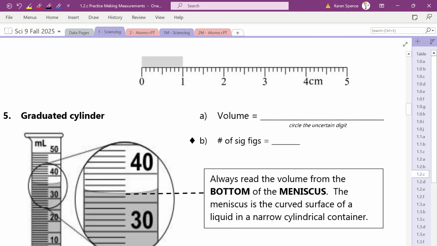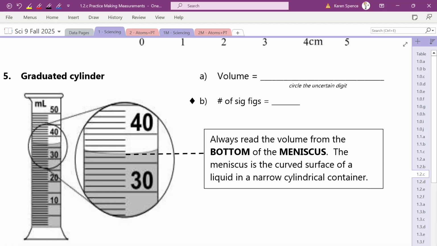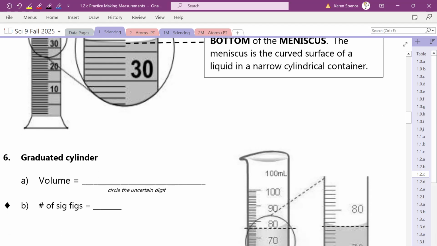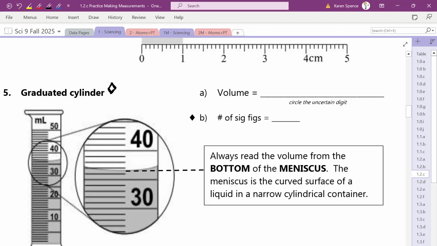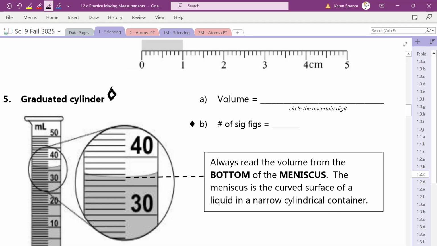But if you look at this thing and you are able to tell me that it is a graduated cylinder, so that's on page 29. That's a black diamond, enriched.